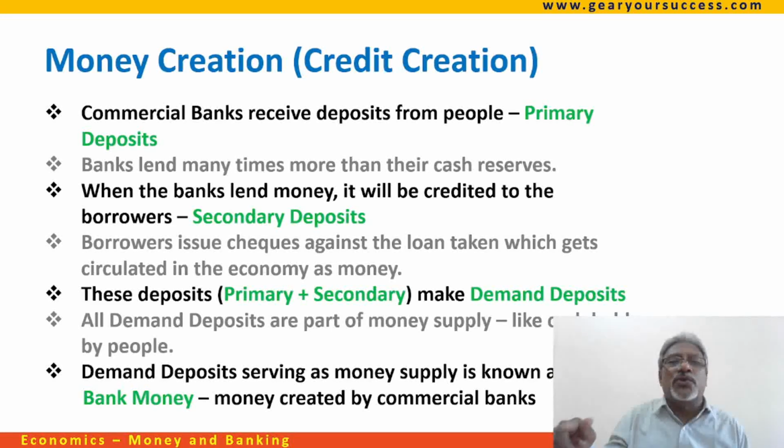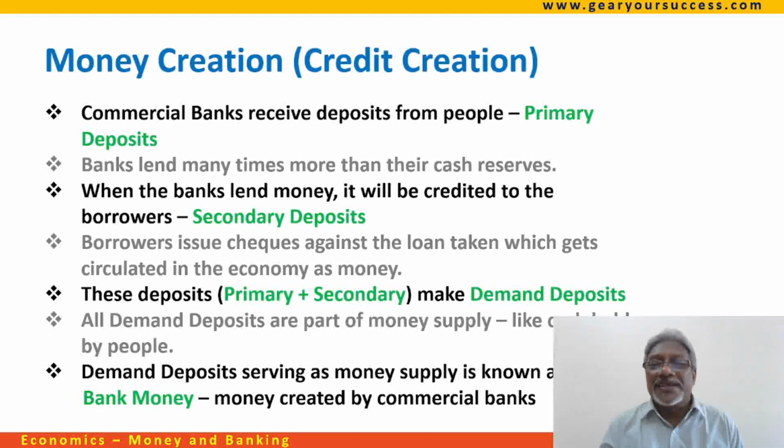When they make use of this and give checks for whatever they have taken, that gets circulated in the economy as money, right? So these deposits, called primary and secondary, both put together are called demand deposits. And all these demand deposits are part of the money supply, like cash or money held by people in an economy.